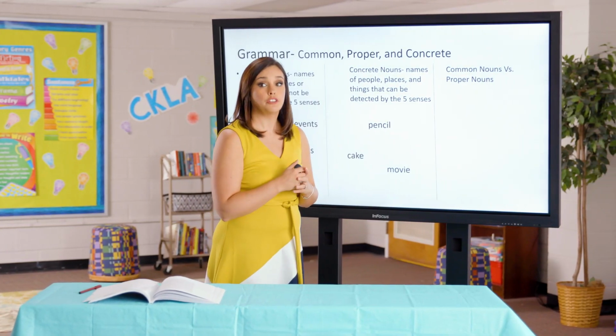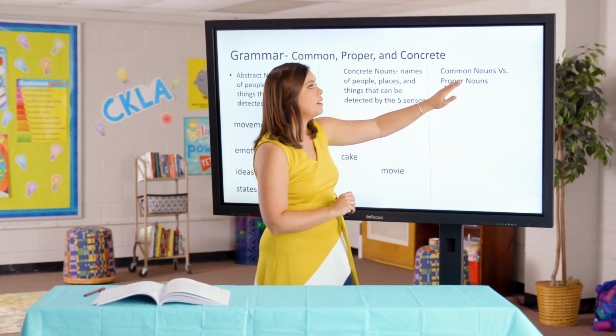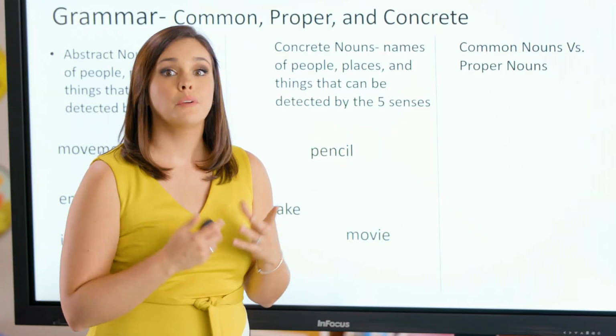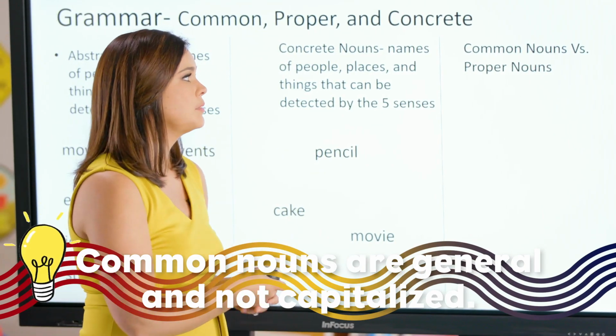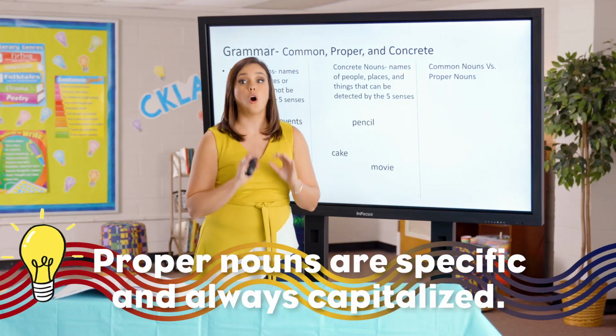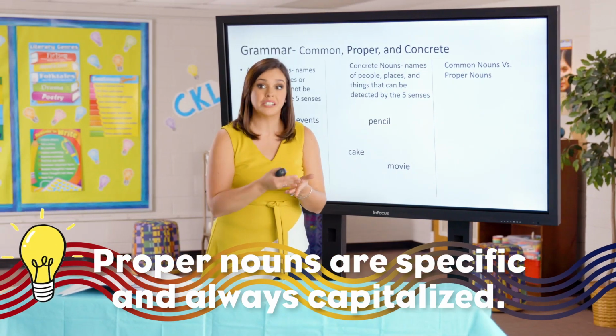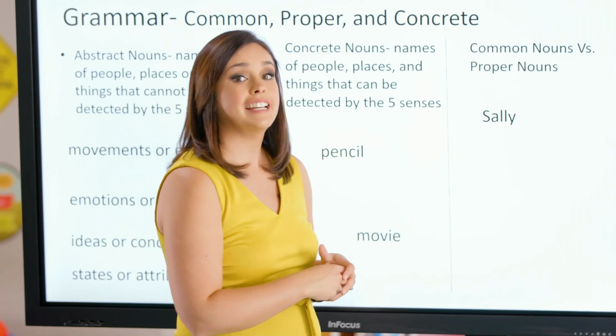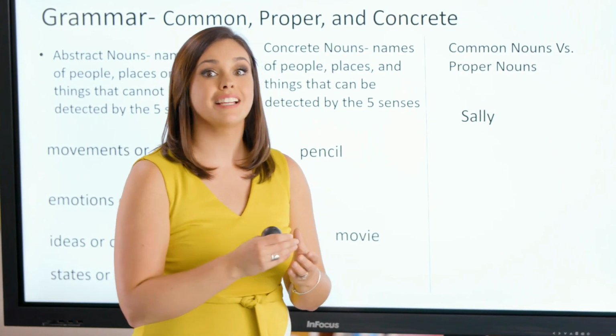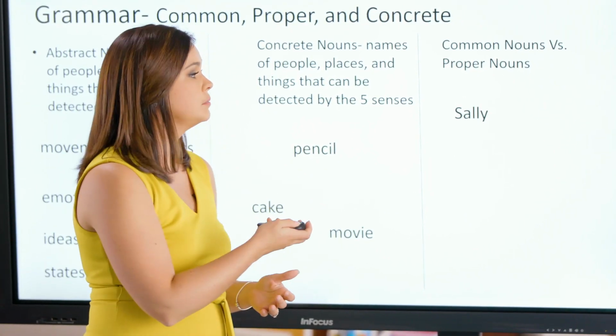Another thing that we've learned in third grade is the difference between common nouns and proper nouns. Remember, common nouns are general and they're not capitalized, whereas proper nouns are always capitalized and they're very specific, like the name of a person or a place. Sally is an example of a proper noun because it's naming a specific person.